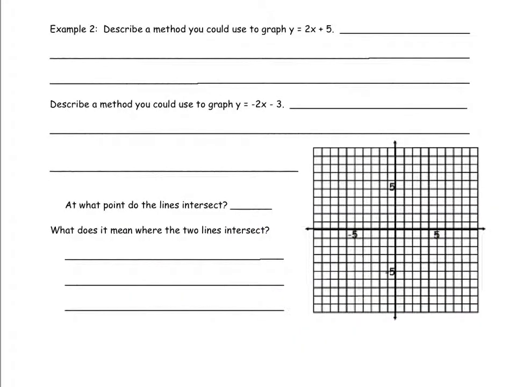So let's talk about if we are having to graph the equations ourselves. I was impressed with how well you've been doing with this. So describe a method you could use to graph y = 2x + 5. Well, 2 is the slope, or the rate, or m, and 5 is the y-intercept.